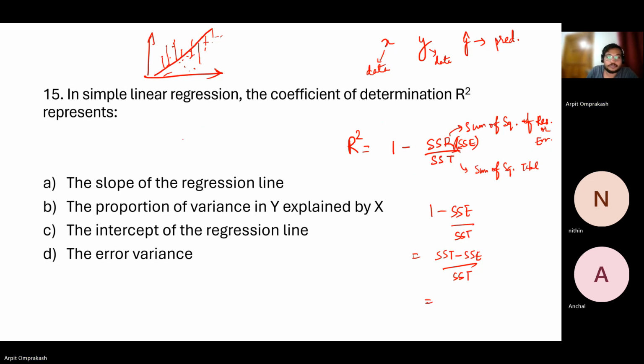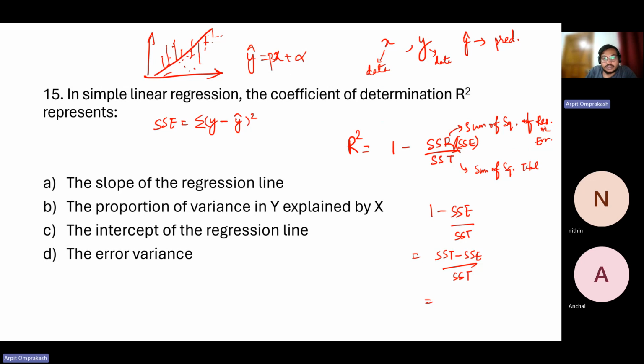So let's say you have data of X and Y, then you fit some line to it. You have an equation which is Y prime is equal to beta X plus alpha, right? Then for each of these values of X, you can predict some values of Y. The sum of squares of error will be the actual value of Y minus what you have predicted, squared, and the sum of that.